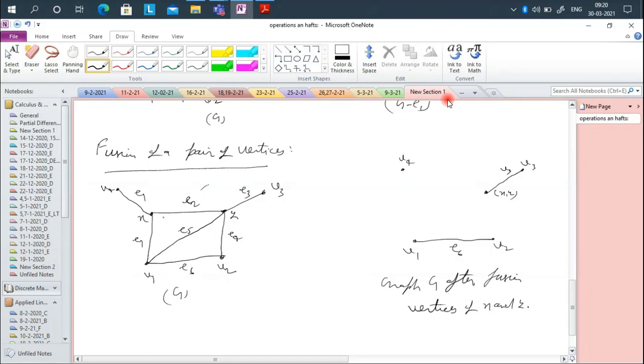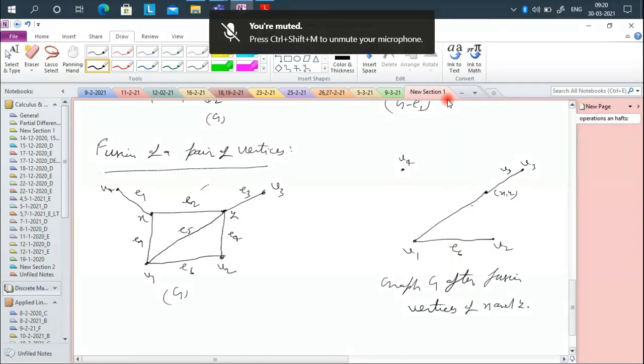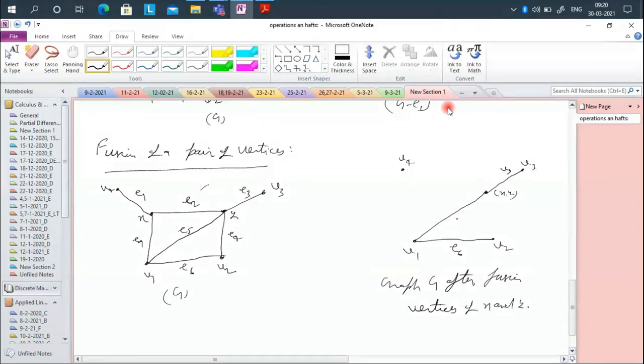Now see, V1 and X is there, so this is your E7. Here E5 is already there and E7 is there. And V4 and X: so we have E1, V4 ordered pair with this new vertex X. So this is your E1, yes or no?